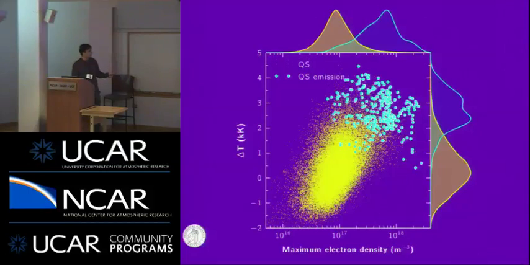And this is, again, the same temperature difference between these two regions, and this is the electron density. And from these distributions, you find that they are more or less clustered around this region. So you need a temperature increase of, say, at least 1,500 degrees and an electron density of around 10 to the 18 electrons per cubic meter.